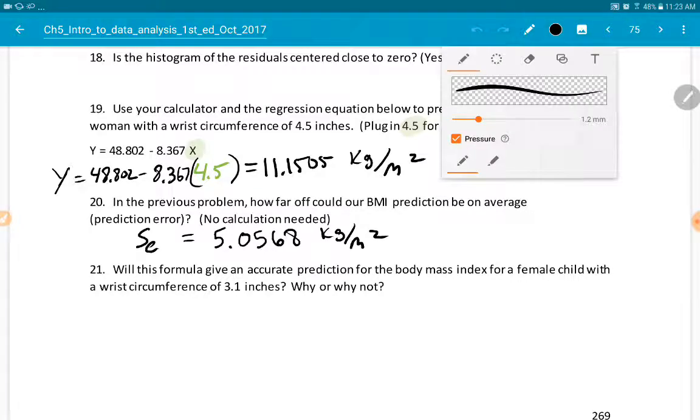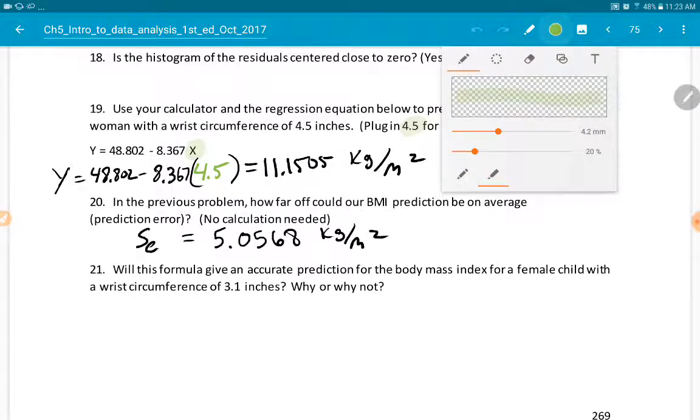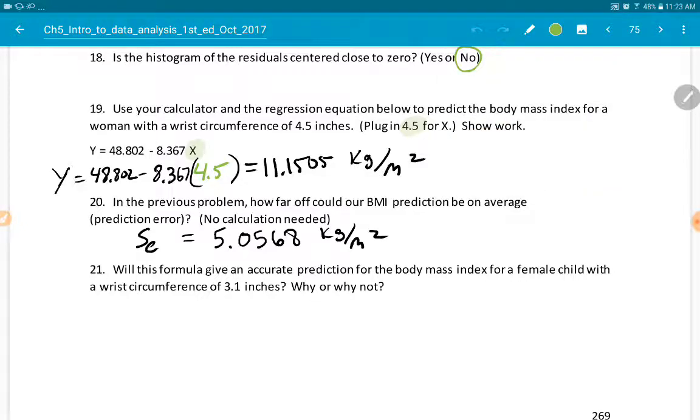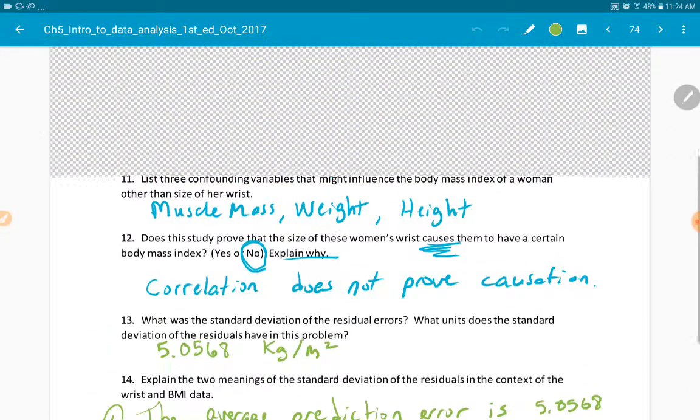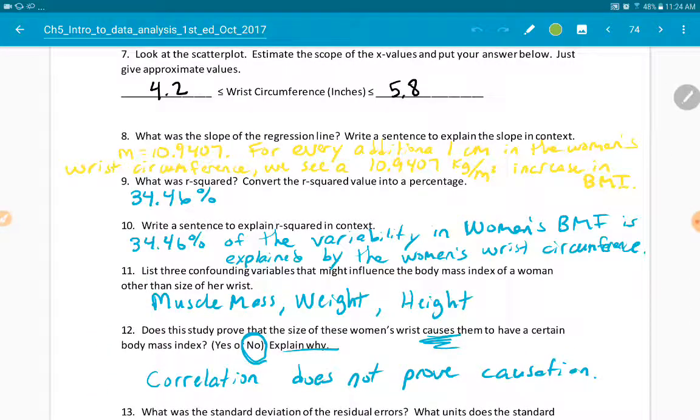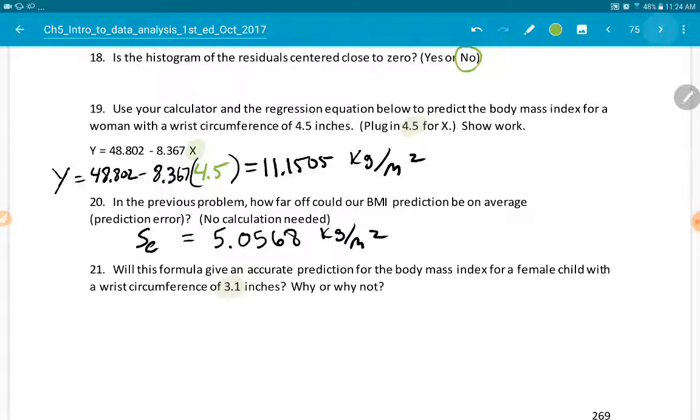But even more importantly, is the fact that we're looking at a circumference of 3.1 inches, and our scope, let's see, where did we answer about scope? It was between 4.2 and 5.8. So if our scope is from 4.2 and 5.8, then we're looking at an extrapolation here.